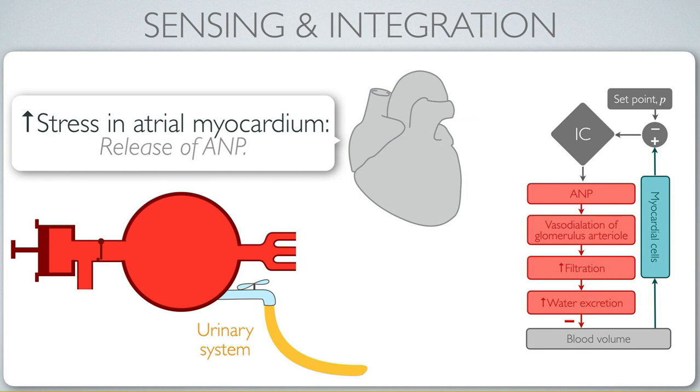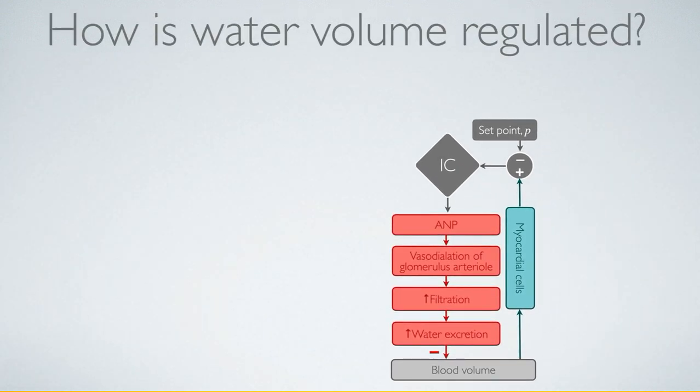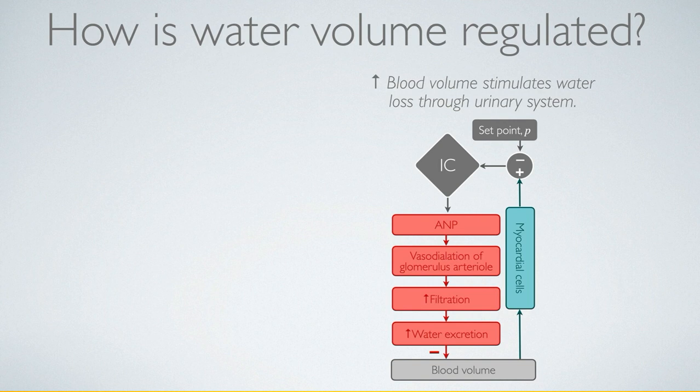So the question that we set out to address is, how is water volume regulated? We have this control system where an increase in blood volume stimulates water loss through the urinary system, through filtration, in particular in the nephrons. The other control system deals with the other end of the effects of water volume.